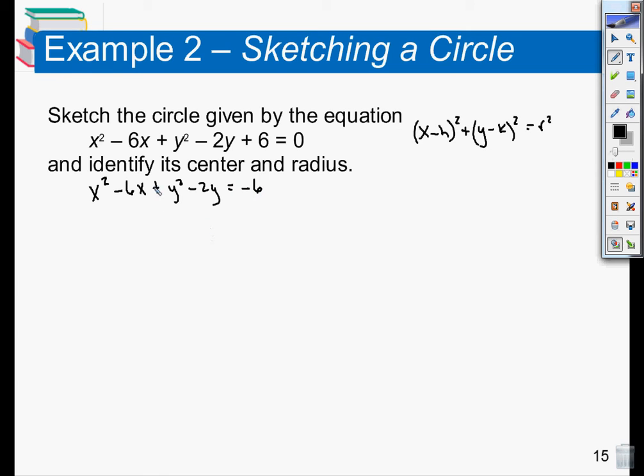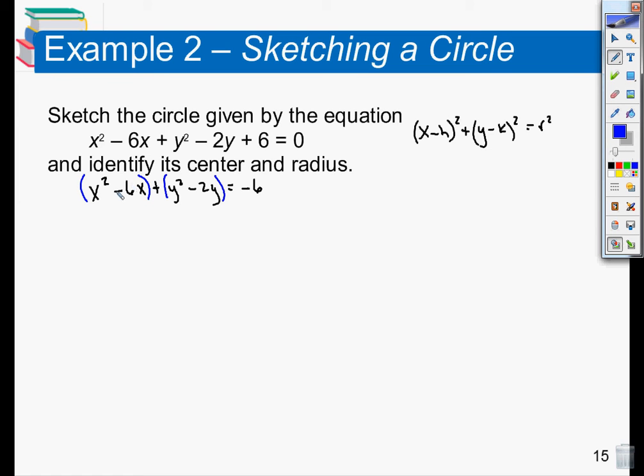Now, why did I do that? Well, because now, if I'm going to draw some parentheses here, I have kind of two different pieces. I have my first piece, which deals with the x's, second piece, which deals with the y's. And they're kind of these two binomials that are just waiting to have their square completed.